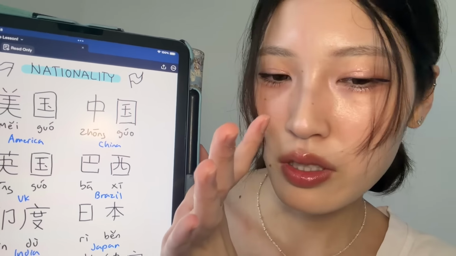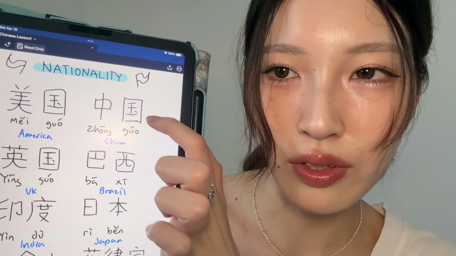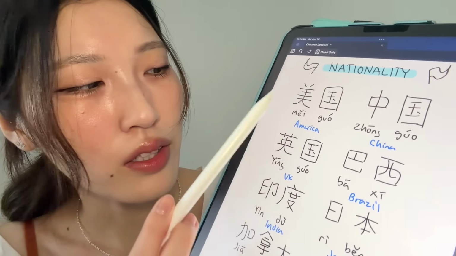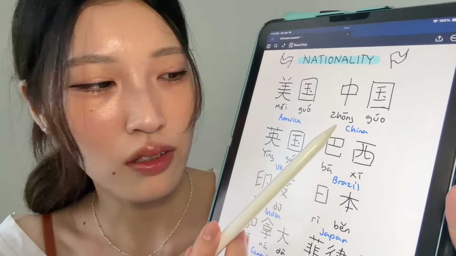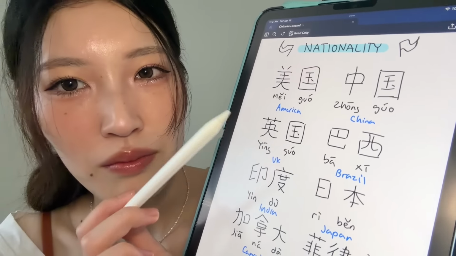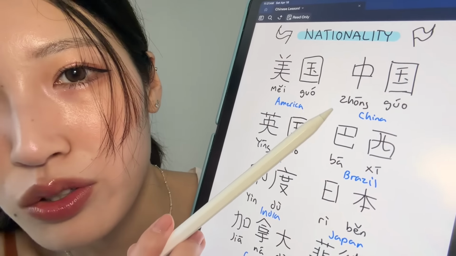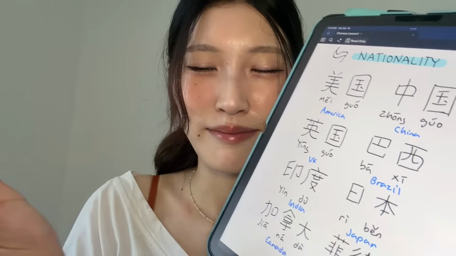So if you just want to refer to a country, just country as a word, it's 国家. But alright, so 美国, 中国, China, 英国. Okay, let's repeat those. Okay, good job, good job.